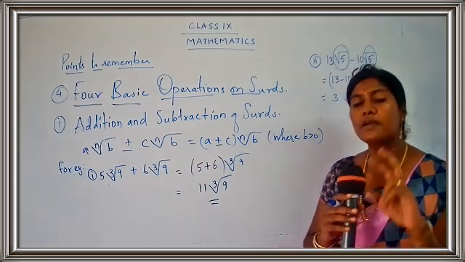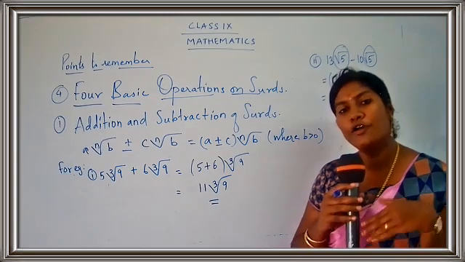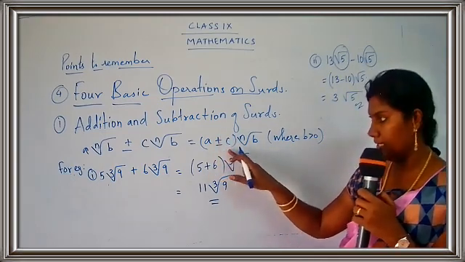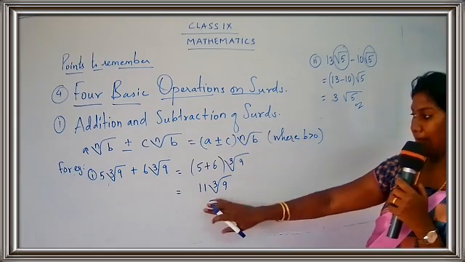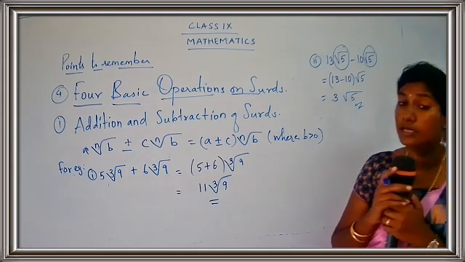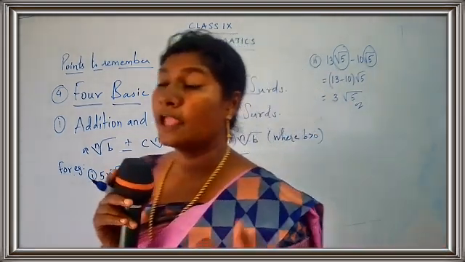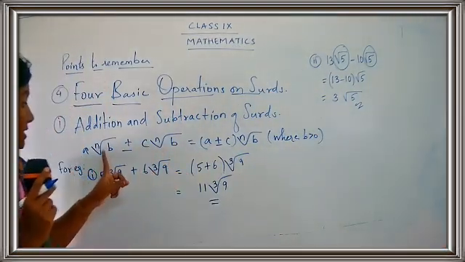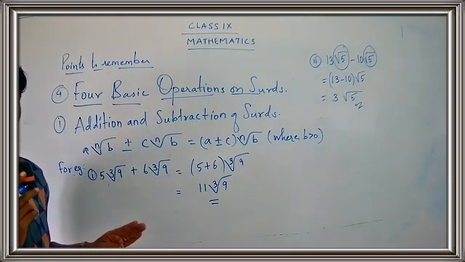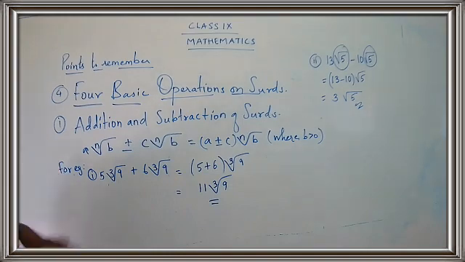Plus minus means you may have a sum with plus or you may have a sum with minus. A plus minus c nth root b. So I have just given an example for addition and I have given you an example for subtraction. And remember the thing, children, if you have the surds common, you can do the operation. Otherwise, you cannot do the operation. Just keep this in your mind.